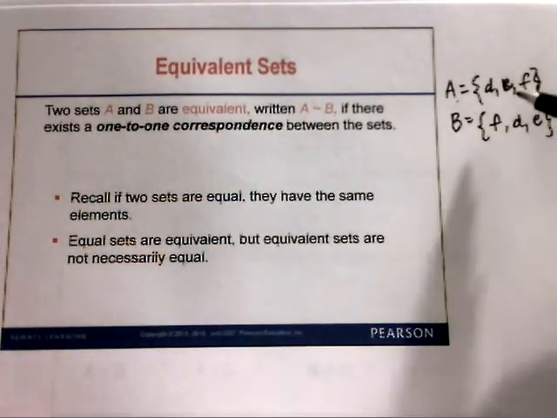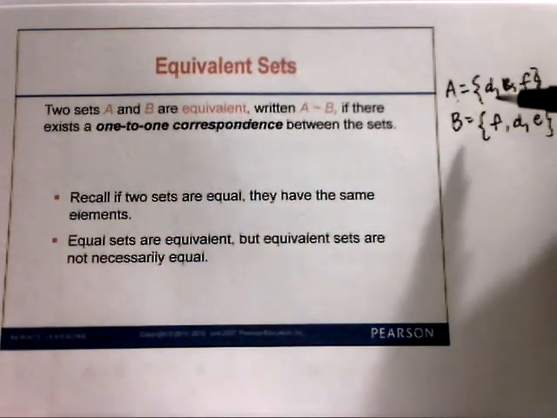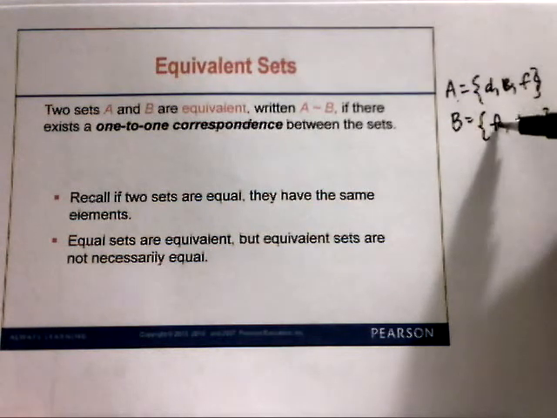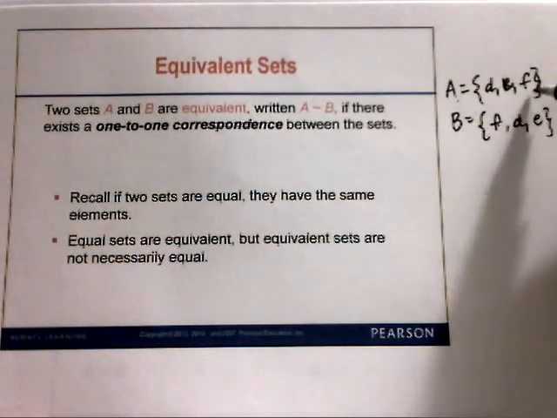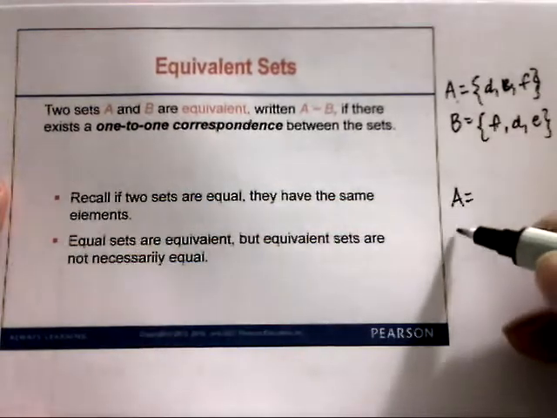Okay? Not only are they equal, they're also equivalent, because I can get a one-to-one correspondence here. D can be paired with F, E can be paired with D, F can be paired with E. Now suppose I had this situation.